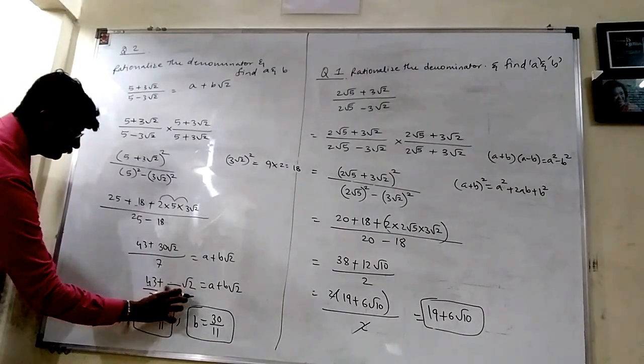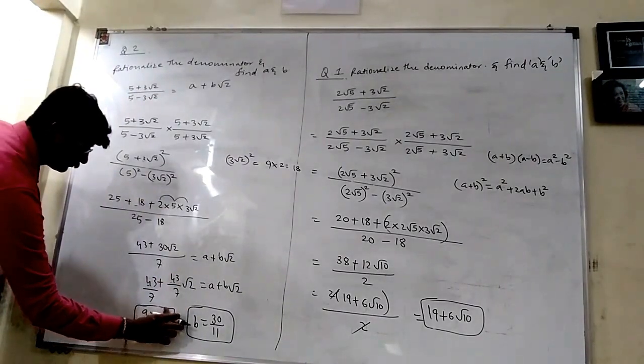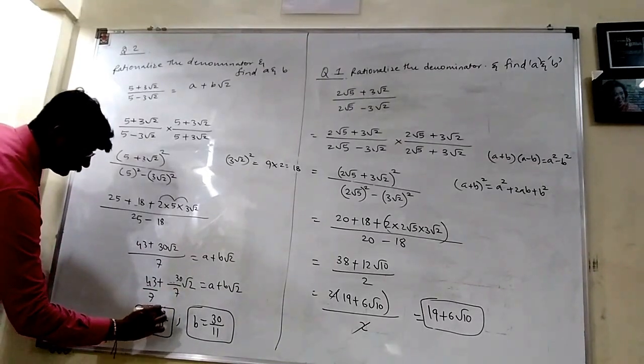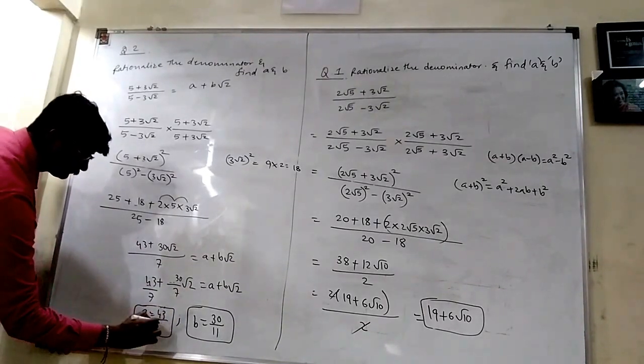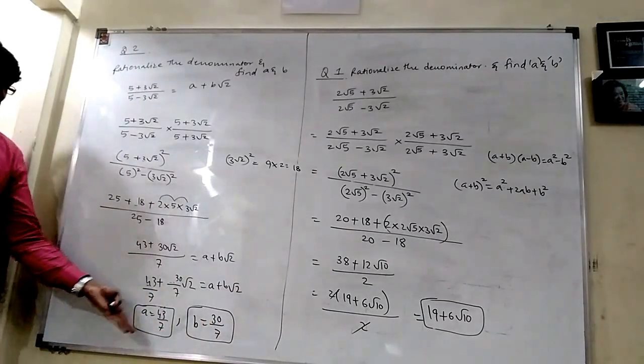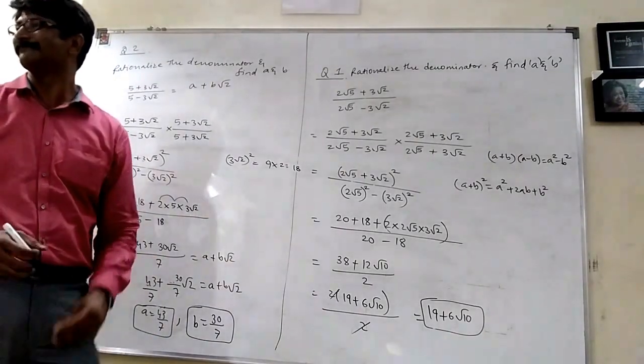Oh, this was 30 by 7, okay. So 43 by 7, and this will become 30 by 7, and that's how we get the values of A and B. That's so simple.